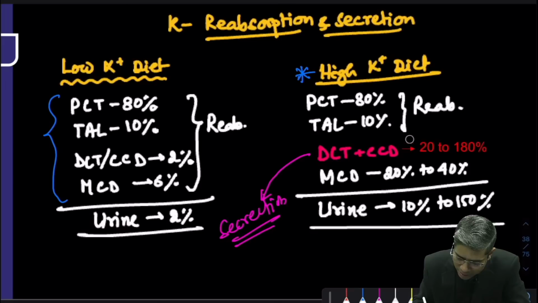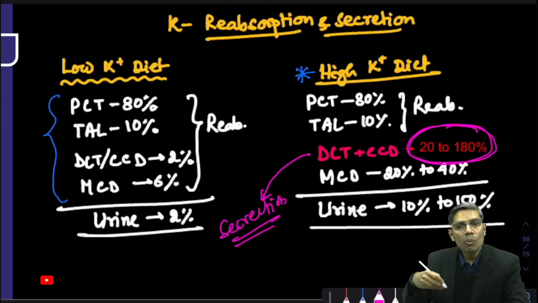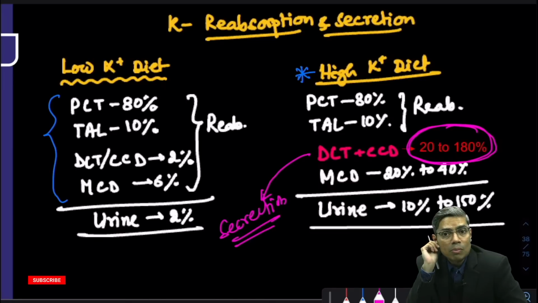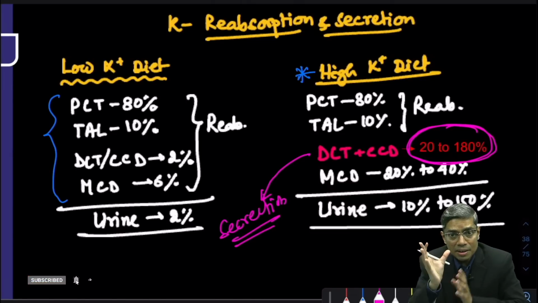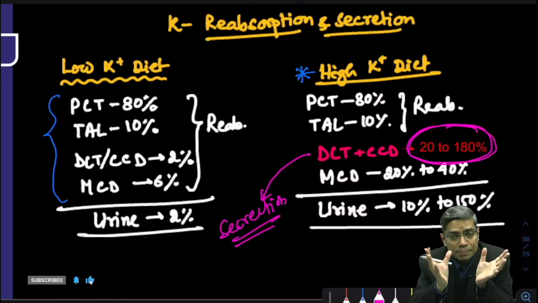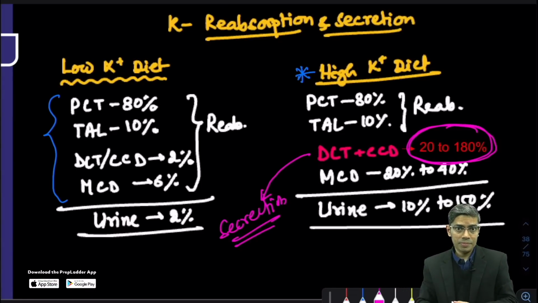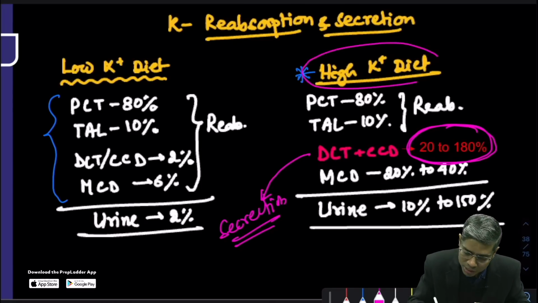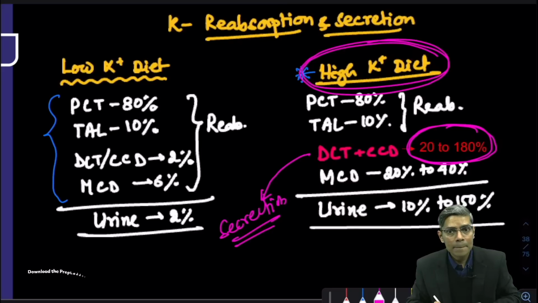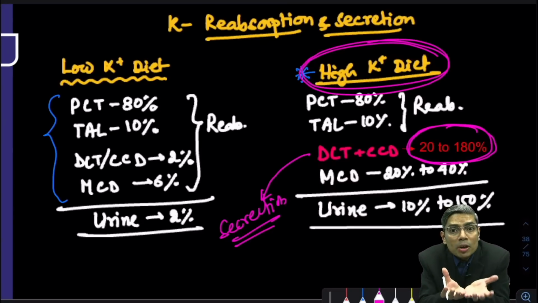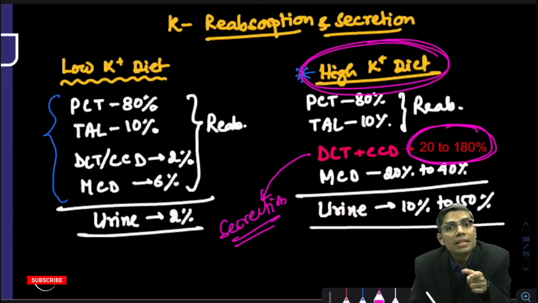And look at the percentage of potassium secretion. The secretion amount can be 180% also. 180% means suppose your filtered amount of potassium is 100%, secretion can be even more than the filtrate amount. So, if I ask a question that a person who is high in potassium diet, the major source of urinary potassium is filtration or secretion? कहाँ से ज़्यादा पोटेशियम आ रहा है आपका यूरिन में?